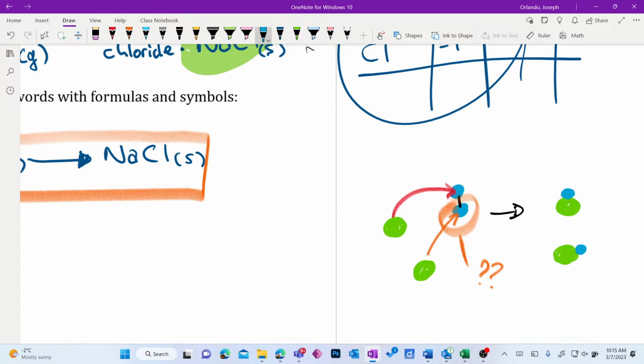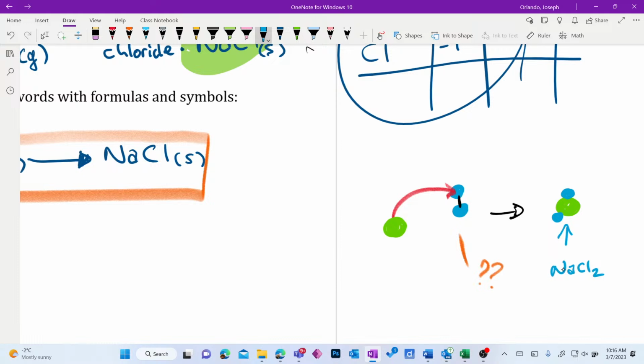Like, obviously, the easiest solution would have just been to say, well, why can't it just take... Like, this would be the easiest solution, but what's the problem with this? This would be NaCl2. And does NaCl2 exist? No. Why not?